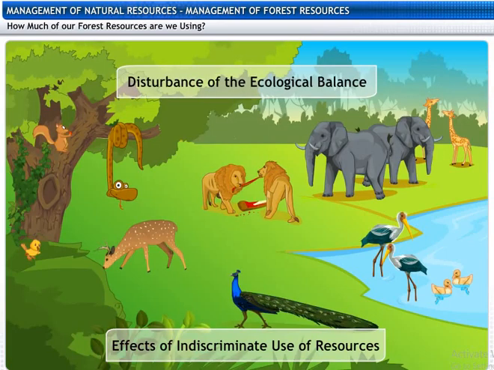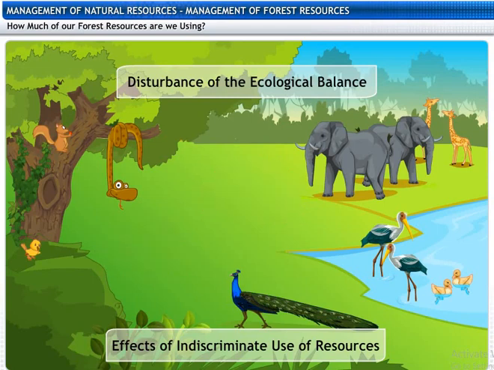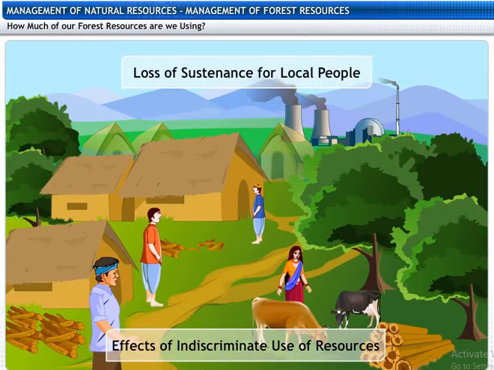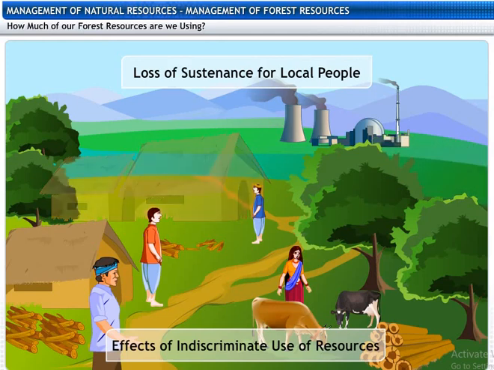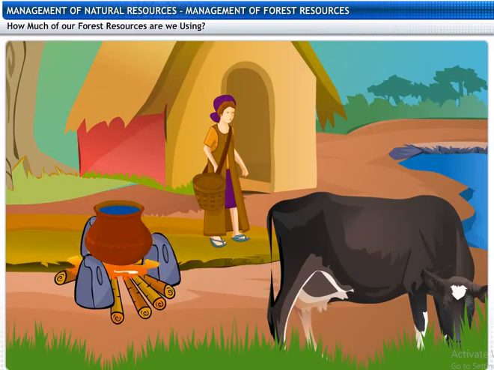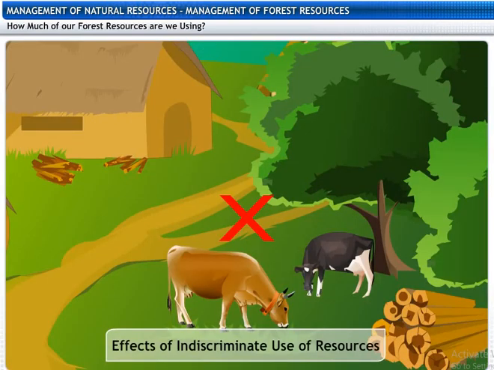Losing this diversity can lead to loss of ecological stability here. And let's not forget the people who live here. If they didn't have this forest, where would they get their food and firewood from? Where would their animals graze? If this continues, there will be nothing left for future generations in this area.